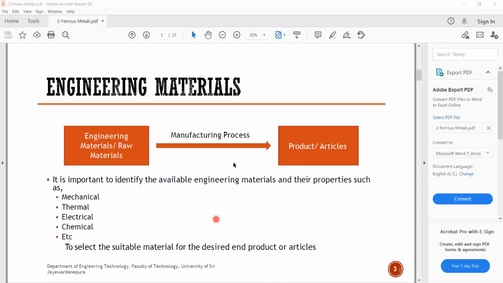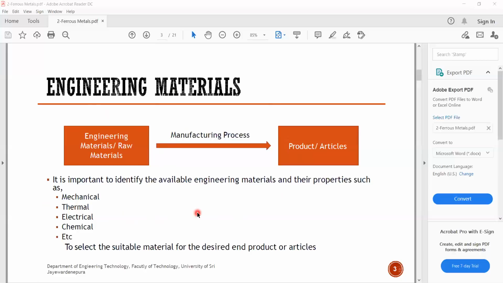So if you want to produce one product, then you have to decide which raw material you have to use to produce the product. How can you decide the suitable raw material for that product? You have to select using these properties, right?